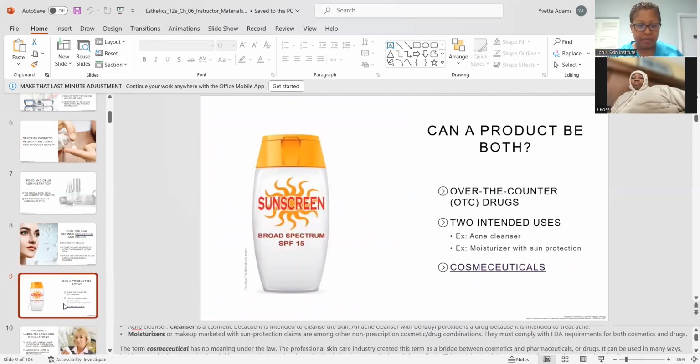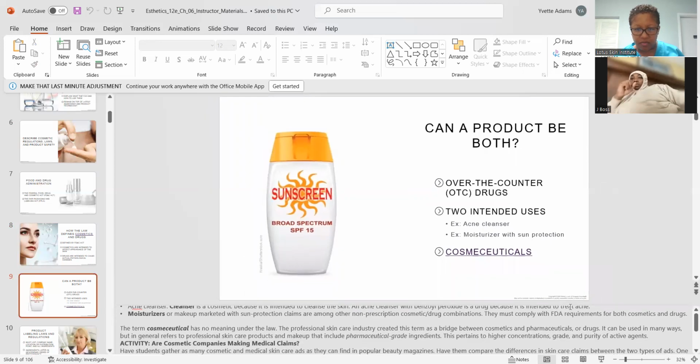So can a product be both? Can it be both a cosmetic and a drug?